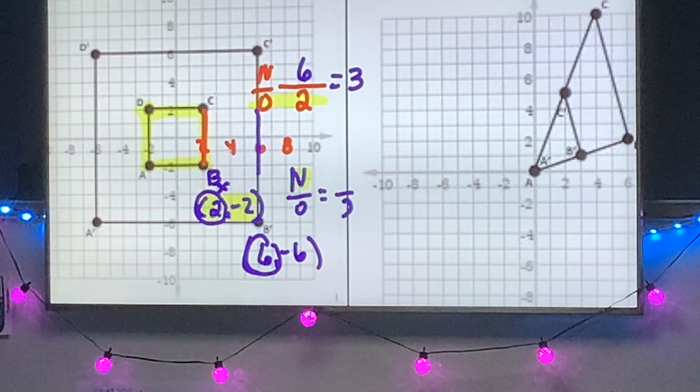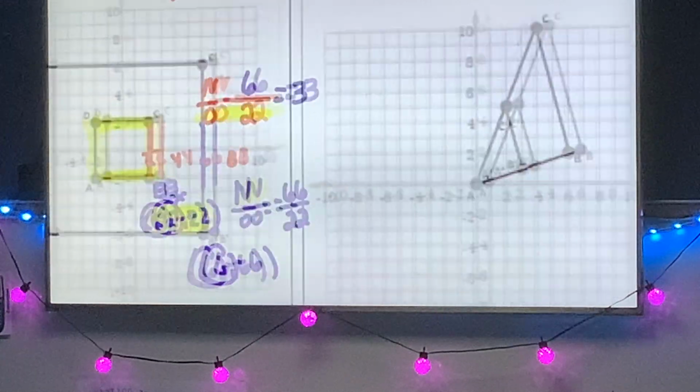Do you see I'm still using the same numbers? If I put -6 over -2, that would also give me a +3. A negative divided by a negative gives me a positive. So do we see how simple that is?